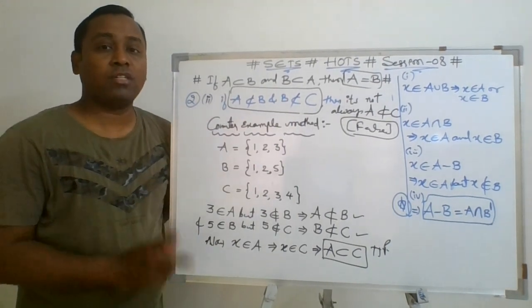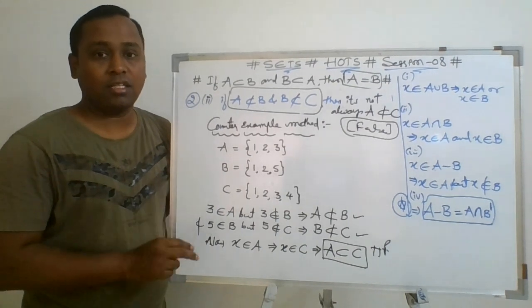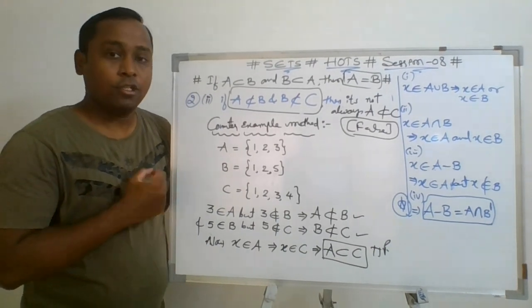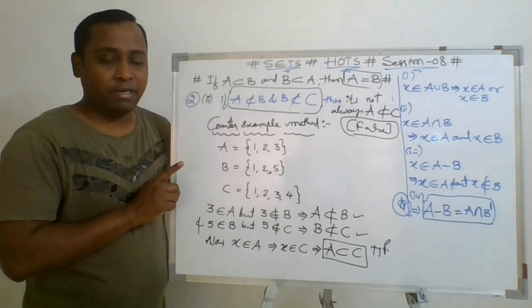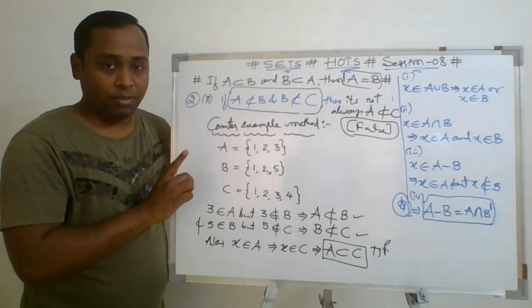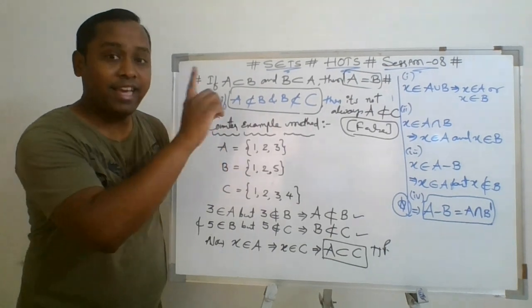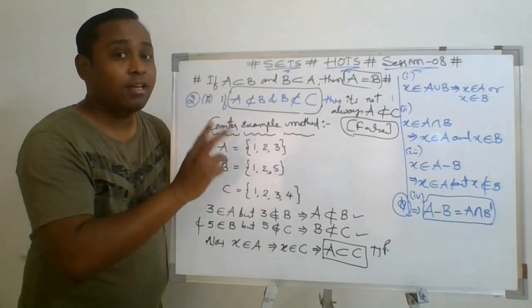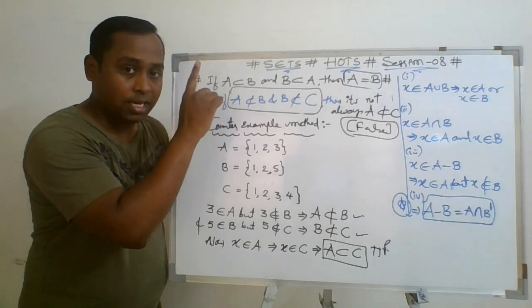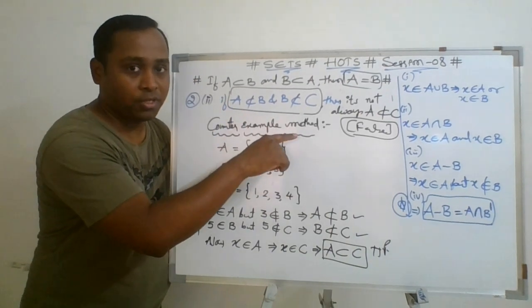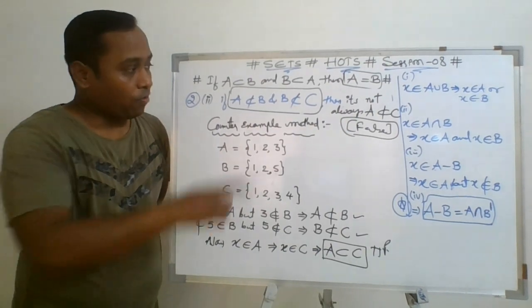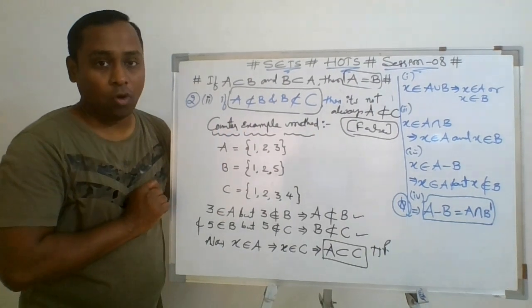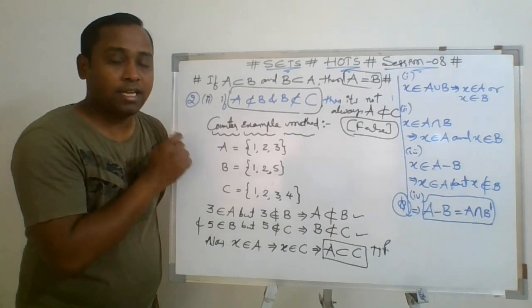So these two questions purposely I have set in question number 2 itself so that you can compare both statements. The first statement was: if A is a subset of B, B a subset of C, then A is a subset of C. But the converse: A is not a subset of B, B is not a subset of C, it is not necessary that A is not a subset of C. So to prove any statement false, I have to set an example.